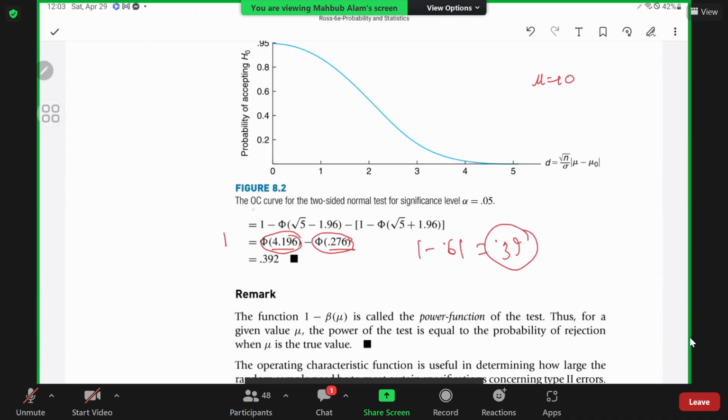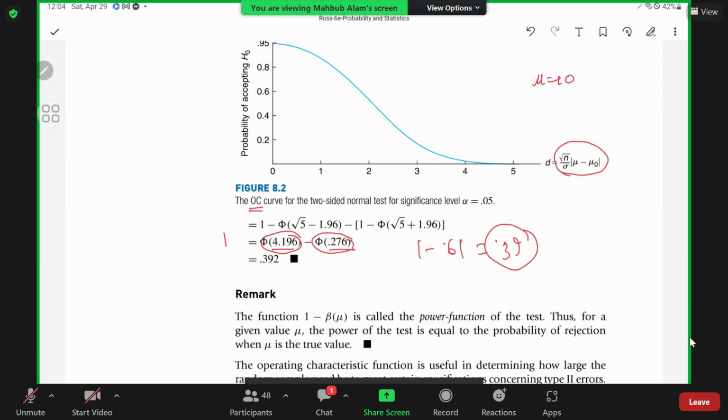We call it the OC curve, operating characteristics curve. This is a function of the absolute value of this quantity. As this increases, the value of beta decreases. If you decrease this one, the probability of accepting a null hypothesis will be increased, and vice versa.